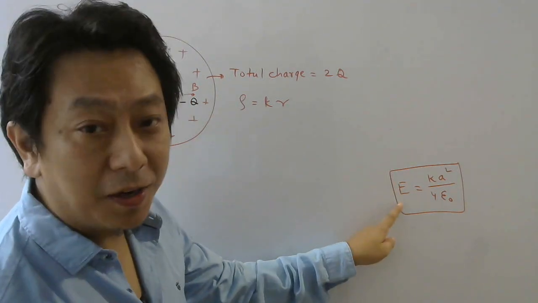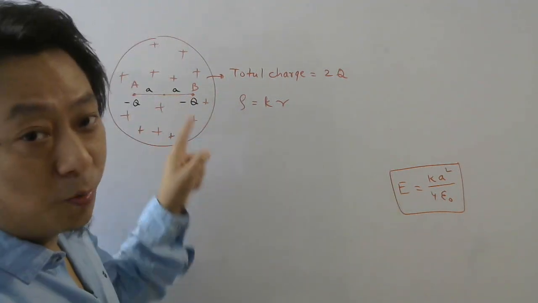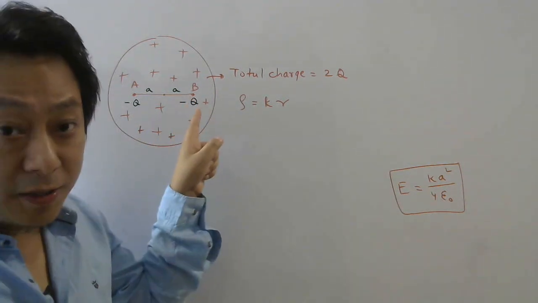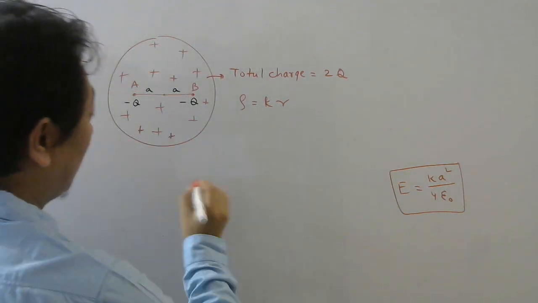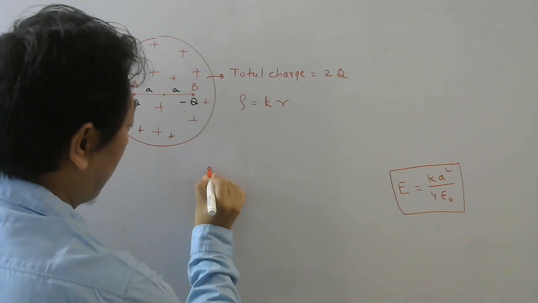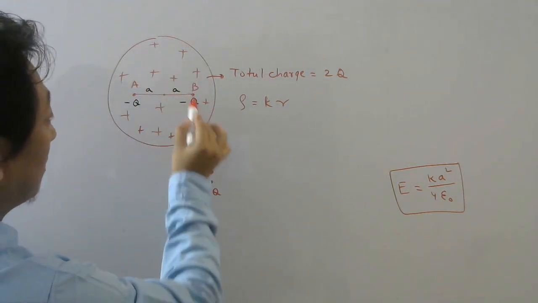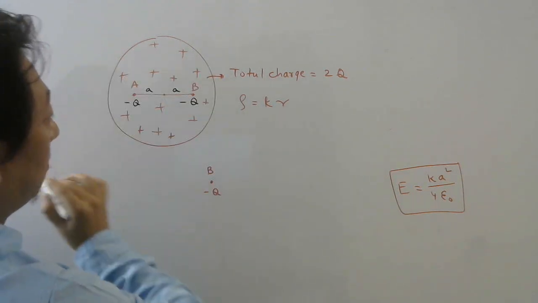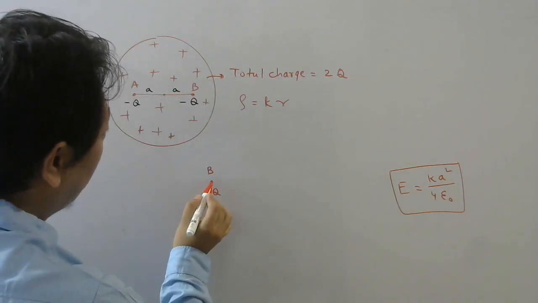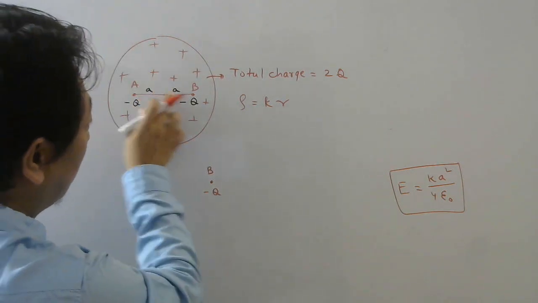Now having found the electric field at this point, we can find the force on this minus q by this sphere, right? So if I draw this minus q at B, then the force on minus q by this positive charge will be where? Well, you know the electric field due to this positive charge is radially outwards.